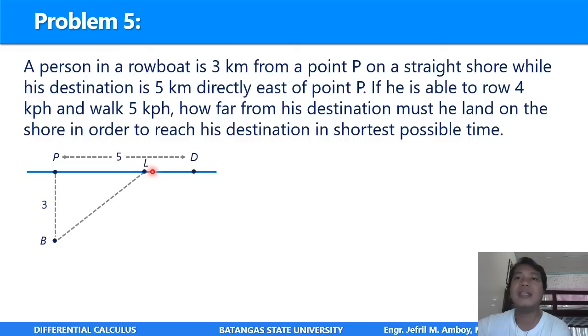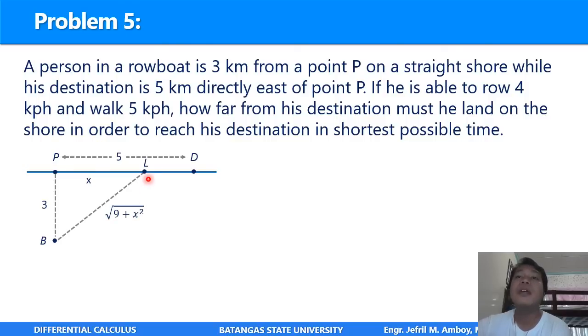So the length of this hypotenuse depends on the value we put here. So lagyan muna natin yan ng x. So kung ito ay x at ito ay 3, makuha na natin itong hypotenuse using the Pythagorean theorem, right? So using the Pythagorean theorem, this hypotenuse is the square root of 3 squared, which is 9, plus x squared. So we have the square root of 9 plus x squared.